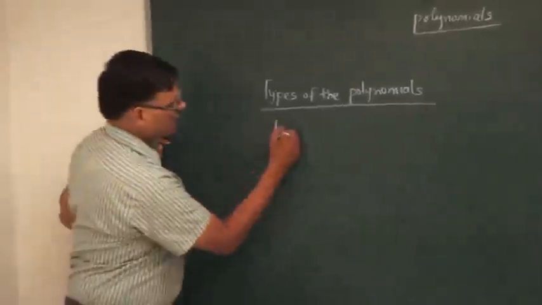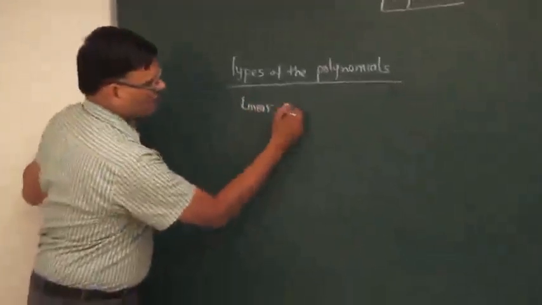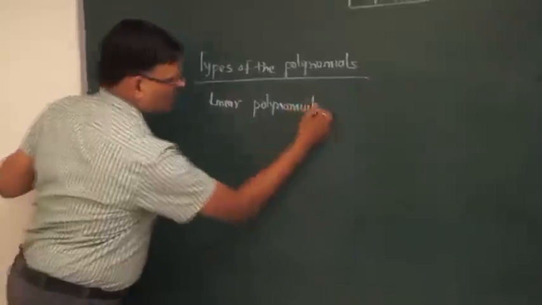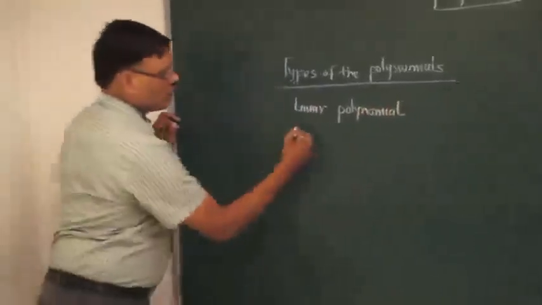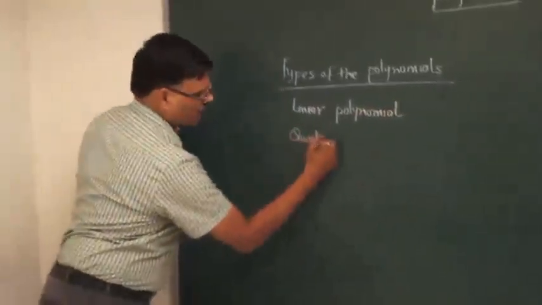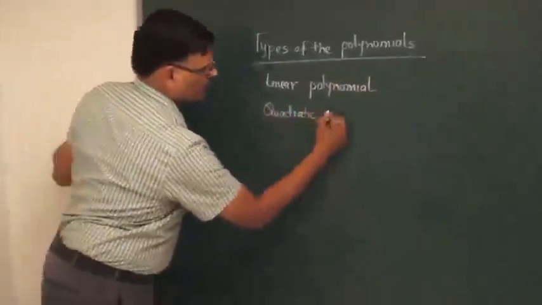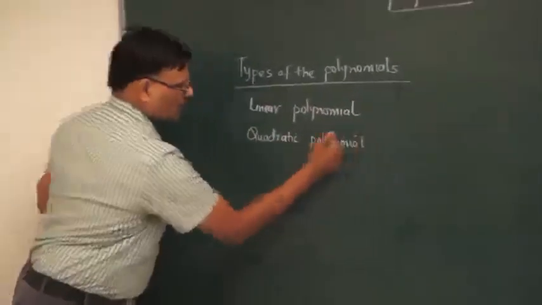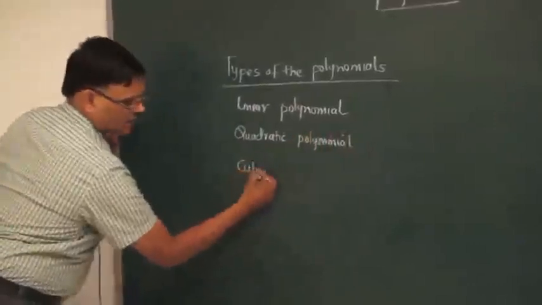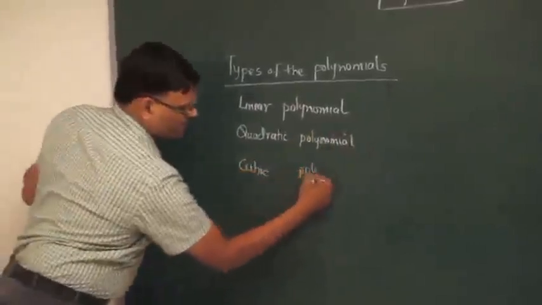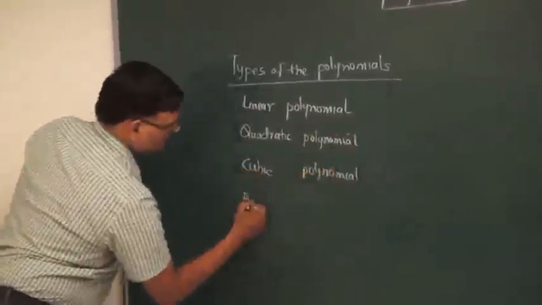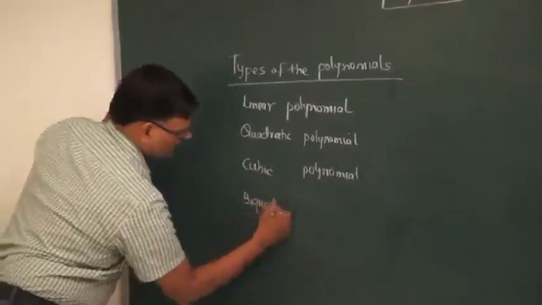First one is linear polynomial, second one quadratic polynomial, third one cubic polynomial, and fourth one biquadratic polynomial.